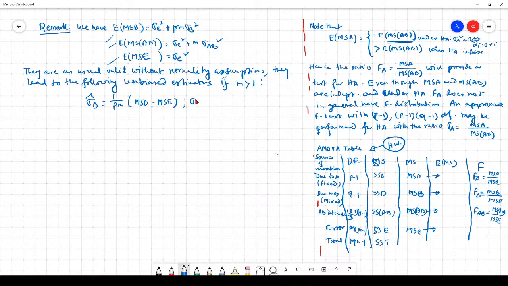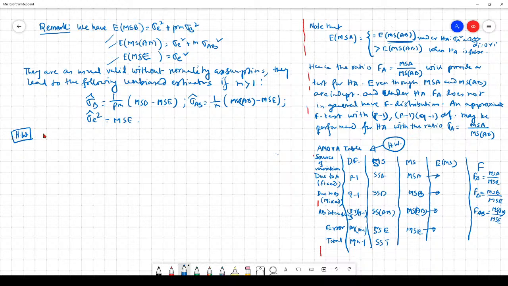Sigma AB square hat, which is equal to 1 by m into MSAB minus MSE. Sigma square hat, which is equal to MSE. So this is your homework.